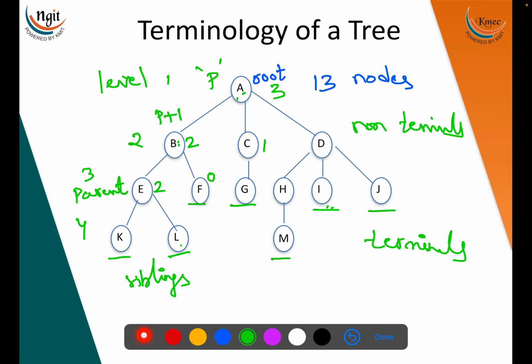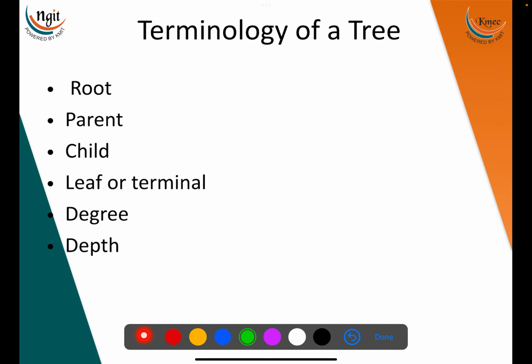Now the height or depth of a tree is defined to be the maximum level of any node in the tree. So finally the depth of this tree is 4.